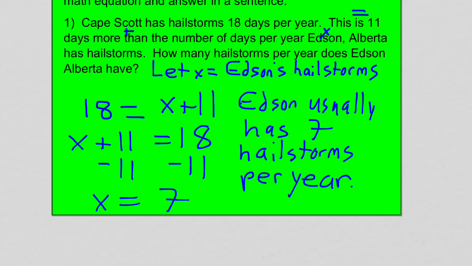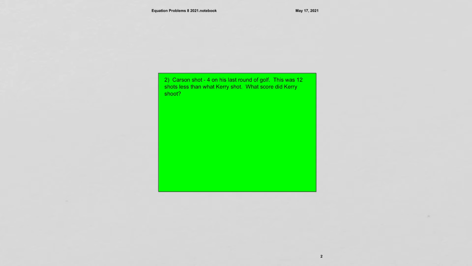So that was an equation. There was a problem where we created an equation that had addition in it, and then we solved it by subtracting. That's the goal. Most kids can get the answer, but the goal is to try to apply some algebra to it. Let's do another one.